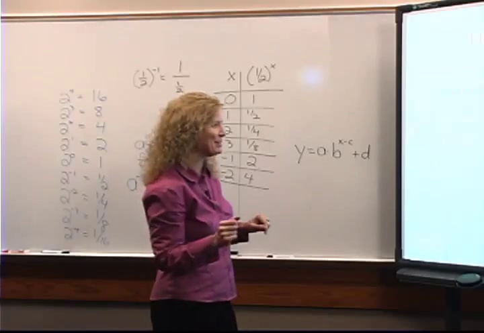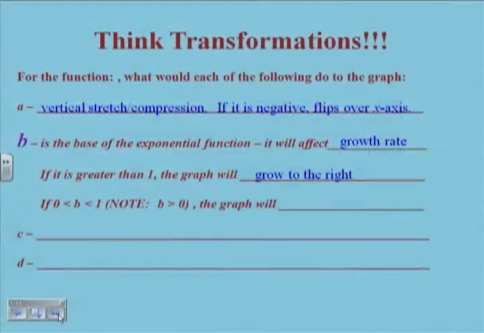You'd like that even better. If your base is greater than 1, like the 2 or the e or 10, it means that you're going to be growing as you go off to the right, okay? And the higher the base, the faster the growth is going to happen. And if b happens to be between 0 and 1, the graph will fall to the right.